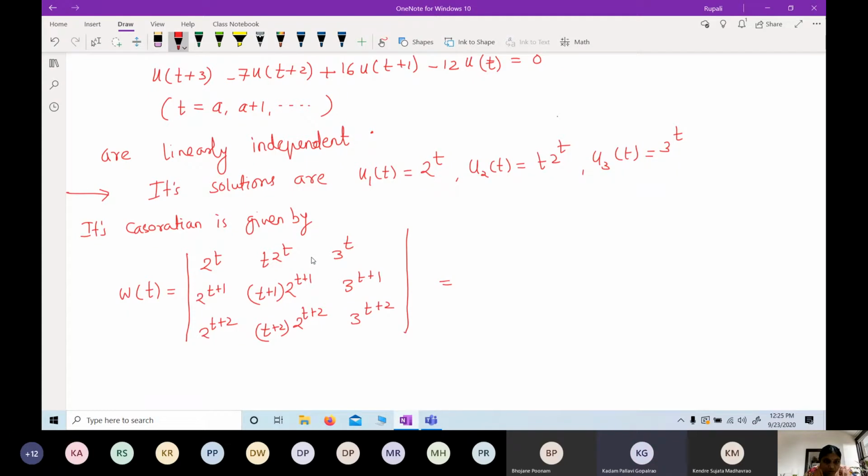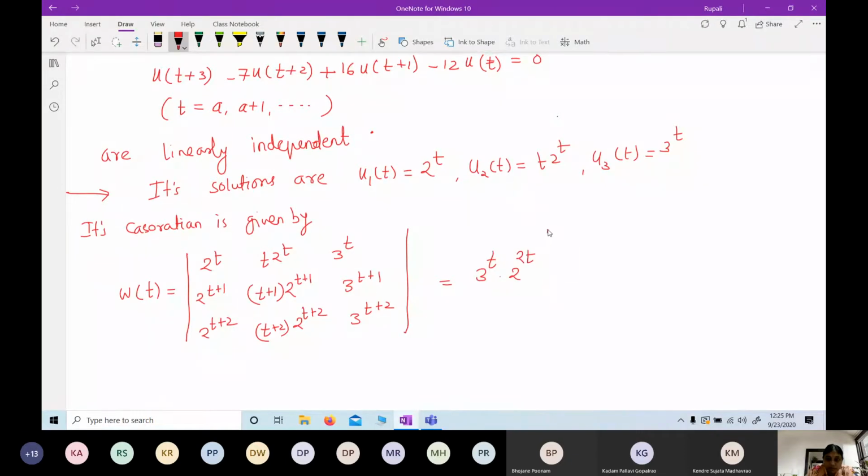From the second column also I can take 2 raised to t common, and from the third column I can take 3 raised to t common. So 3 raised to t into 2 raised to 2t I can take common.